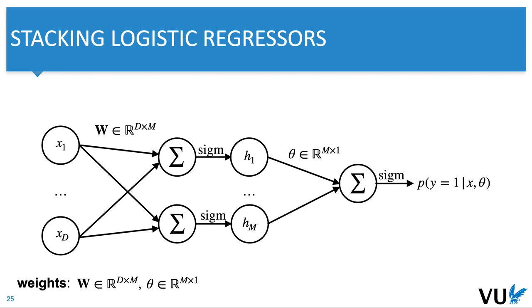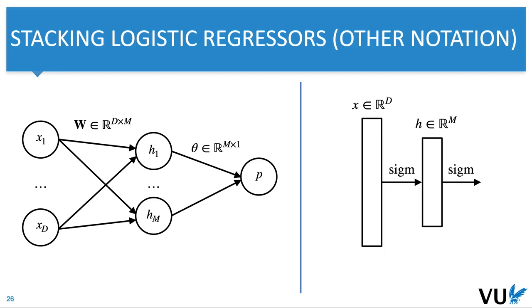It's possible; it's our model. We can also represent it in a more concise way, where we very often just forget about these sum nodes because they are a little bit useless, or we can even represent them as blocks, rectangles. But this is just a notation issue, diagrams, nothing else.